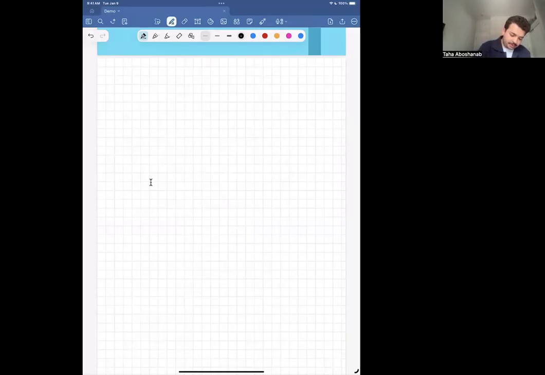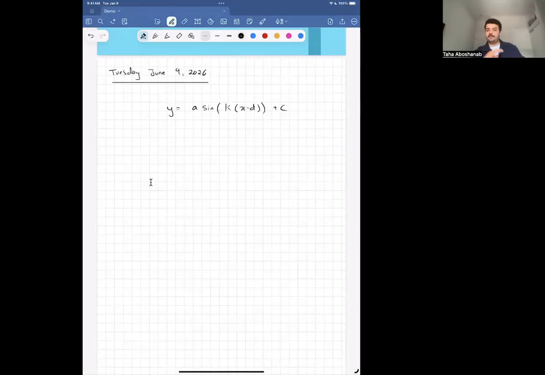You might have seen this equation. Let's first start by writing it down. It has the form y = a sin(k(x - d)) + c.